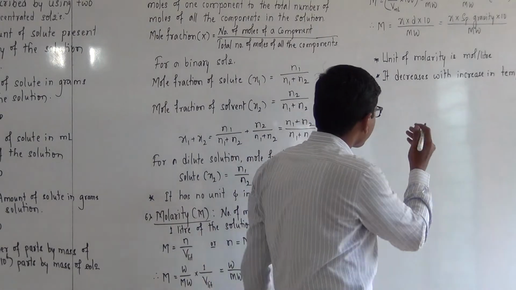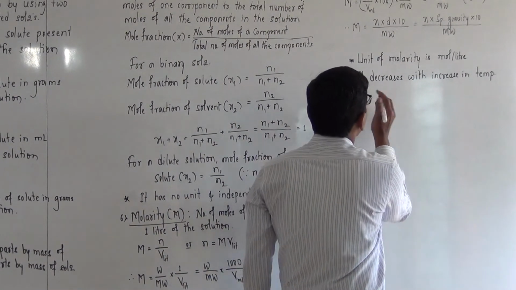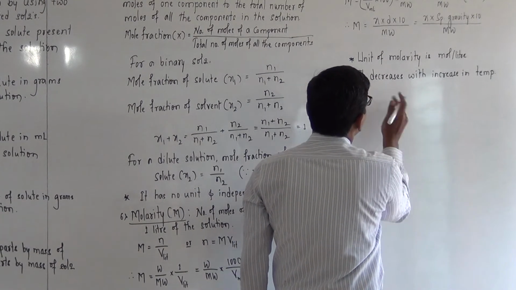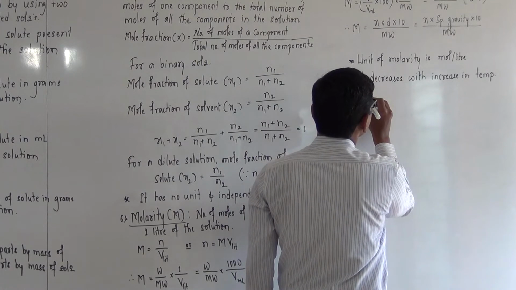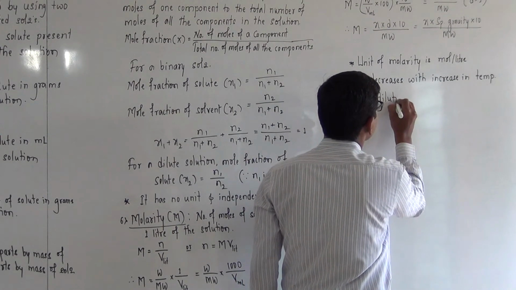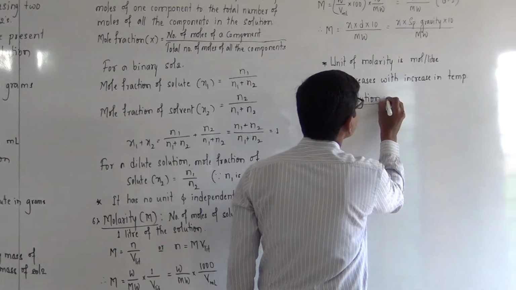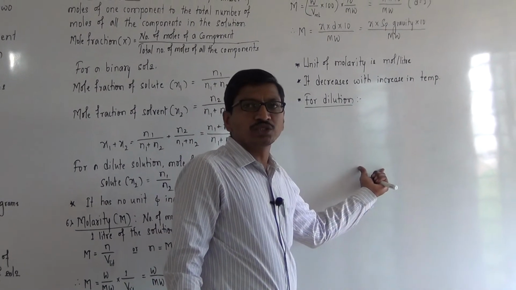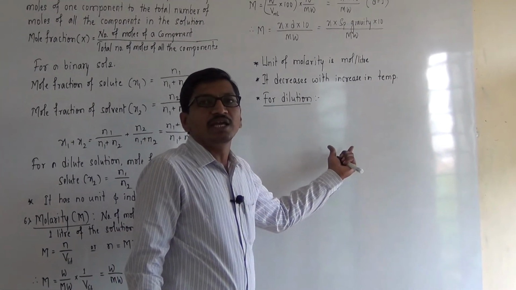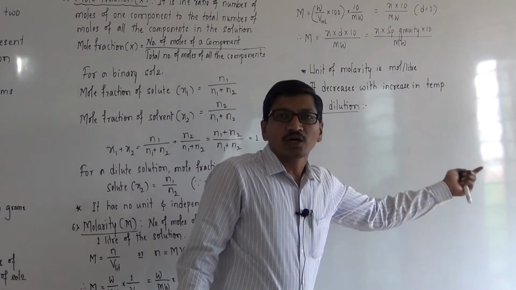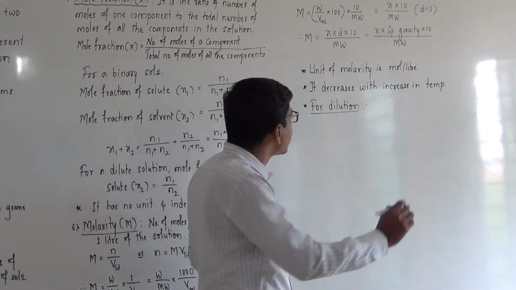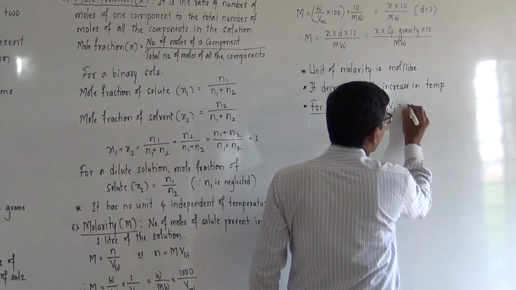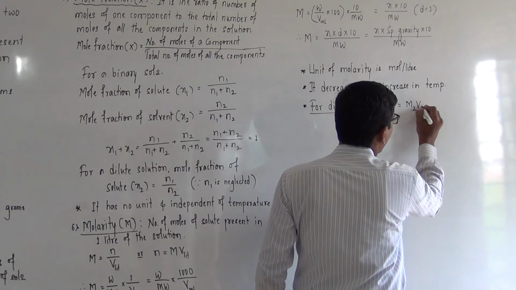And for dilution of a given volume of solution with molarity M1 to the concentration M2 is represented by the formula M1 V1 is equal to M2 V2.